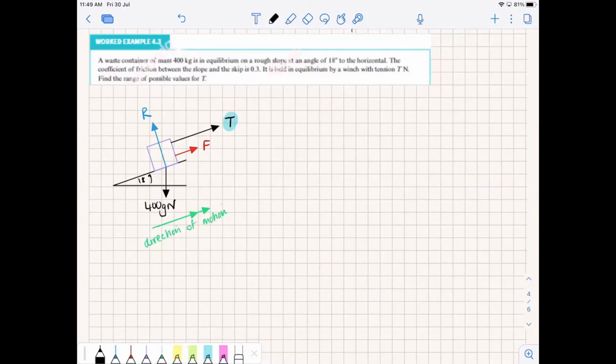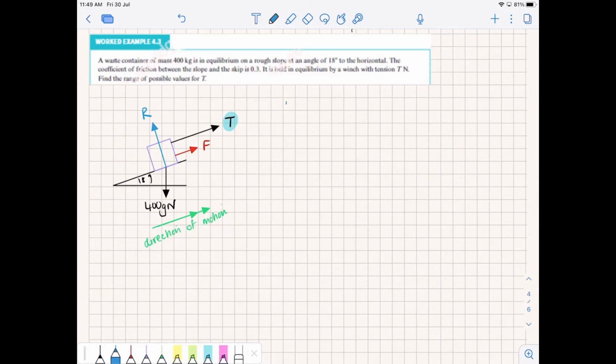So we need to find the tension, right? And just like in the previous step, we need to know what the friction is. We've been given the coefficient of friction this time, so we don't have to go and work it out.